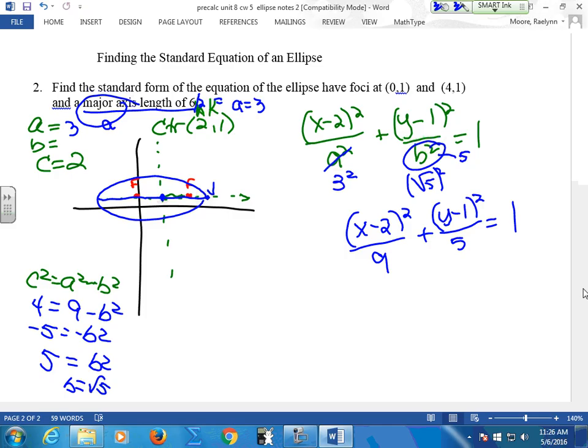Now it all looks like a part of a picture, and I'm confused. So one step at a time. Use one piece of information, your foci, gives you your center, gives you C, tells you your major axis. Then the next piece told you how big your major axis is. That's A. So now you're heading towards just having to find B, and you have a little formula for B.